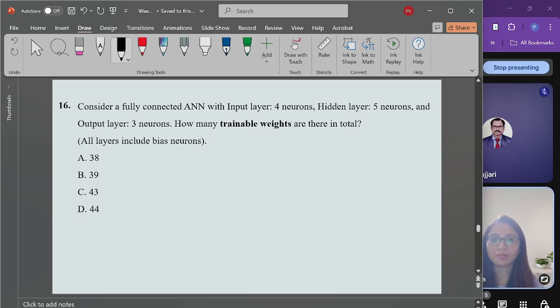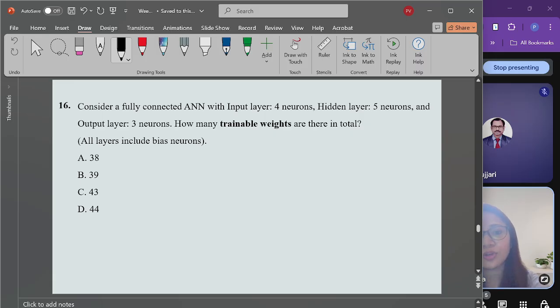As they have not described how many biases, in the general case there is only one bias for the input and one bias for the hidden layer.